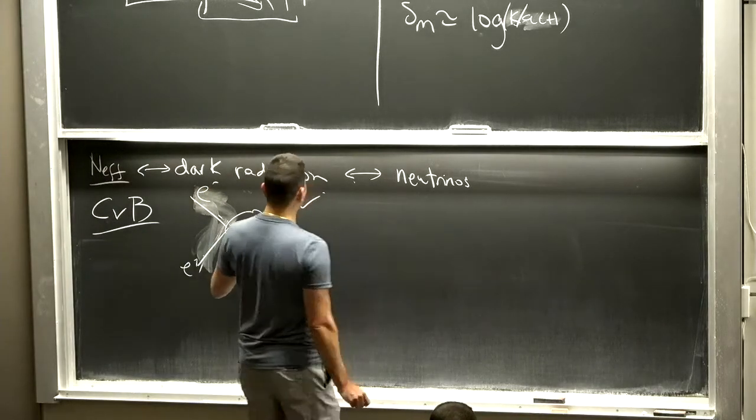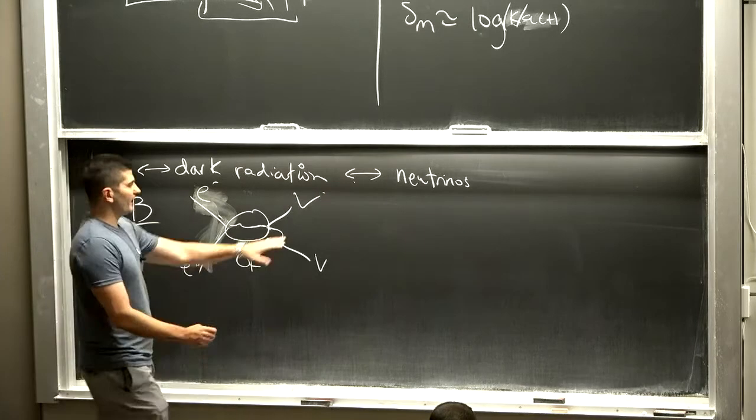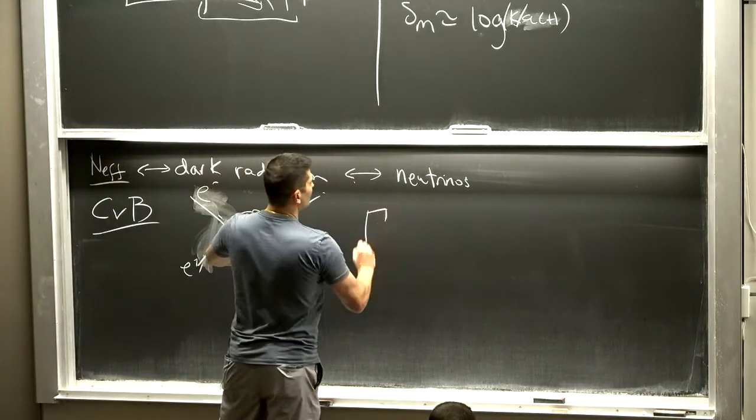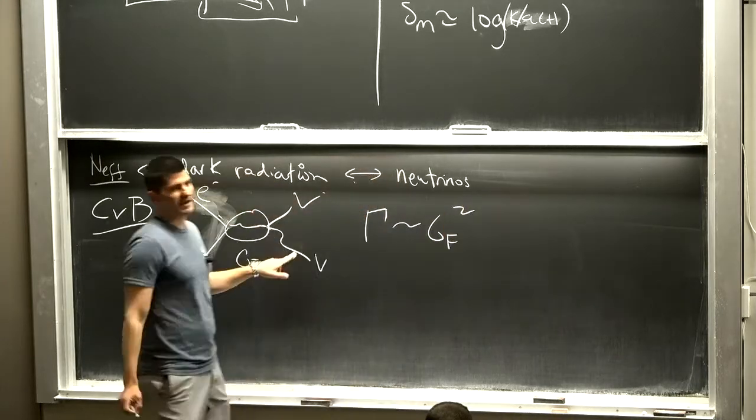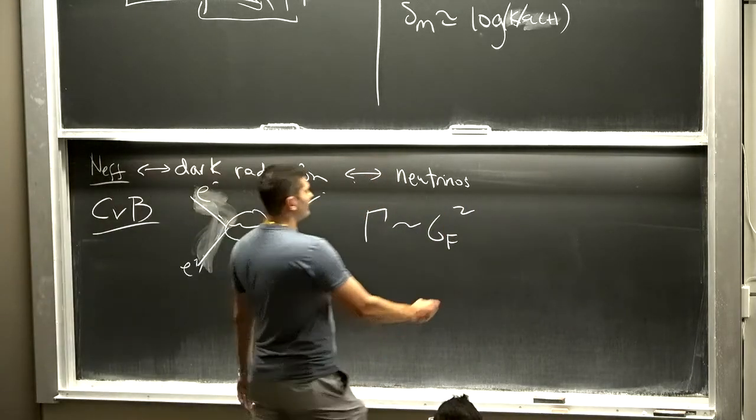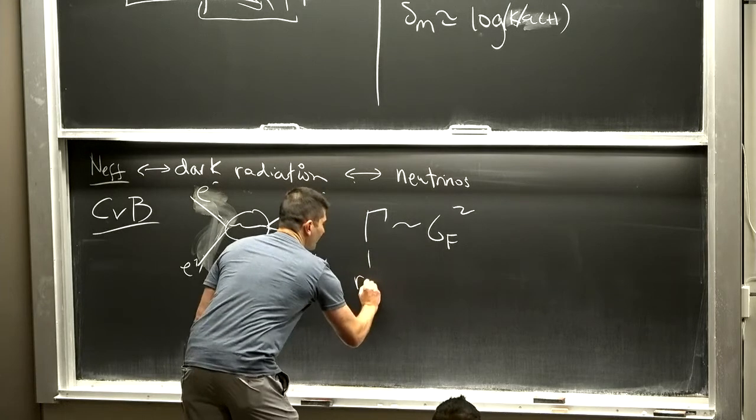Just on dimensional grounds, we can estimate the rate at which we produce neutrinos. It goes like G Fermi squared, because that's the amplitude squared, and this is the rate of production.